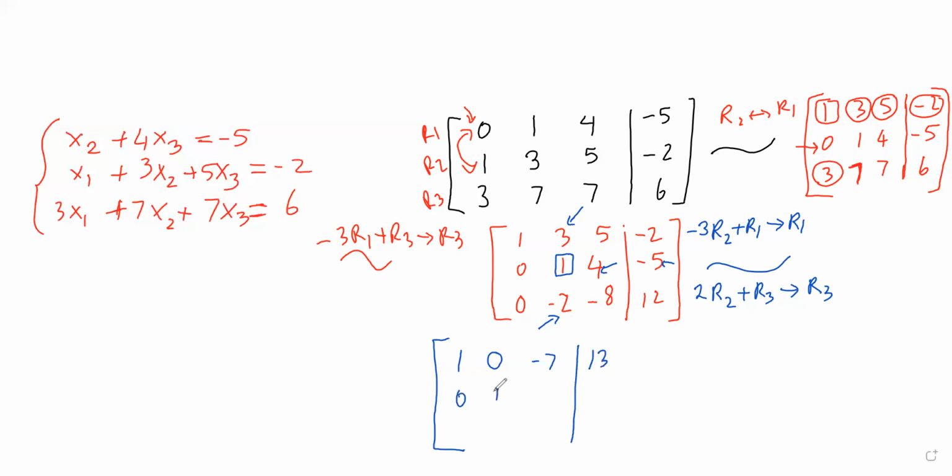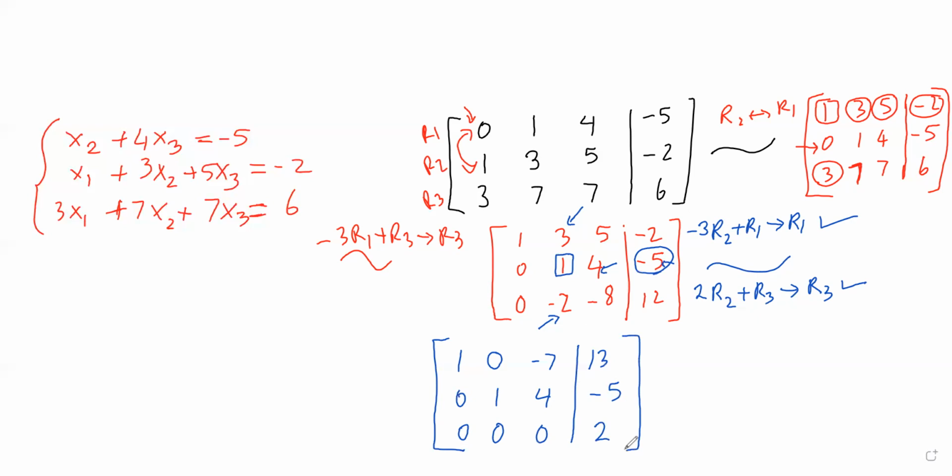Okay, this didn't change, so I'm going to copy this as it is. And then I'm done with this operation. Now I'm doing this one. So this is 0. This will become 0. And 2 times 4, that's 8. And you add -8, that is 0. And then 2 times this number is -10. Add 12, that is 2.